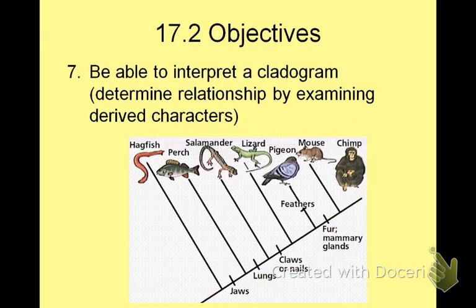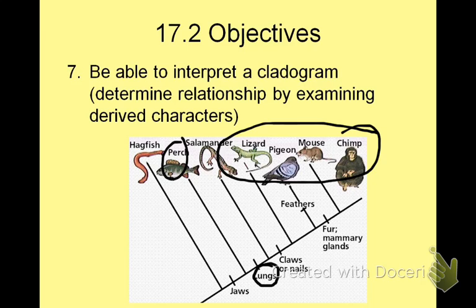So then if we're looking at this a little bit differently. Now we look at lungs. Lungs are shared by all of these guys. The perch has gills. It's a fish. It doesn't have lungs. So lungs separate the hagfish and the perch from the rest of these guys.